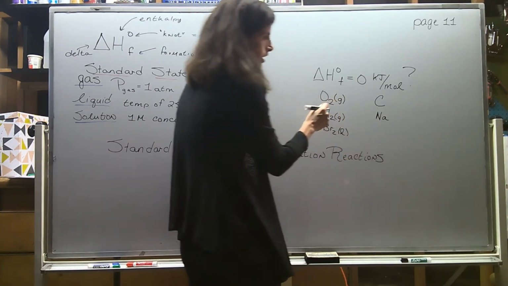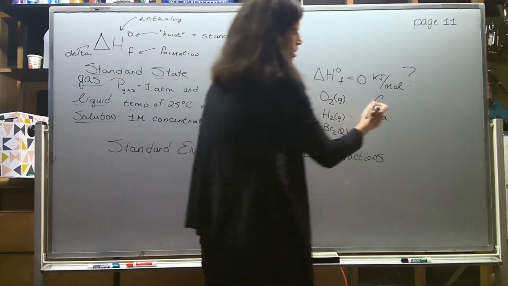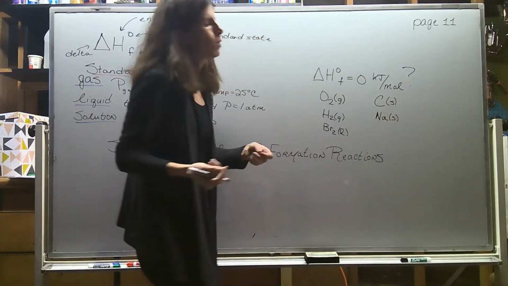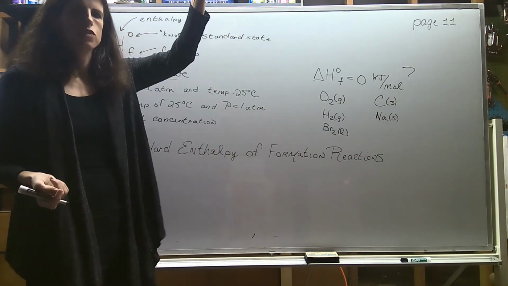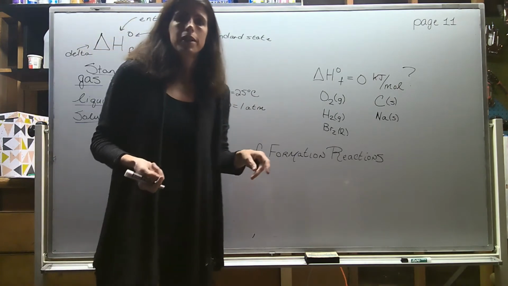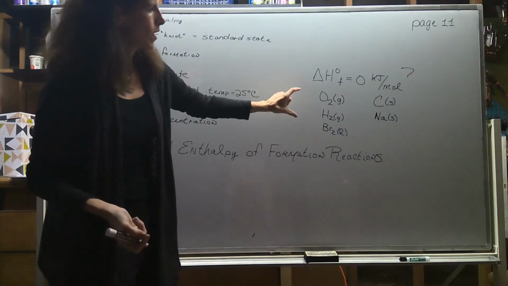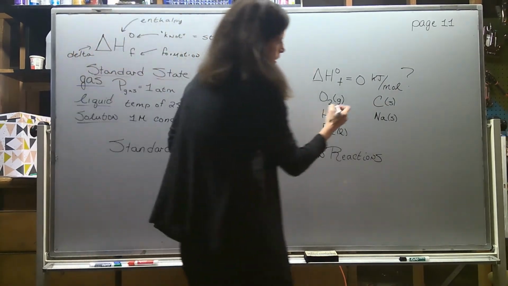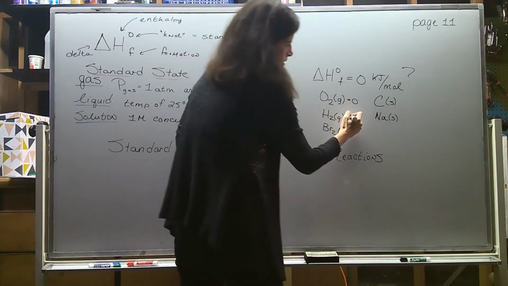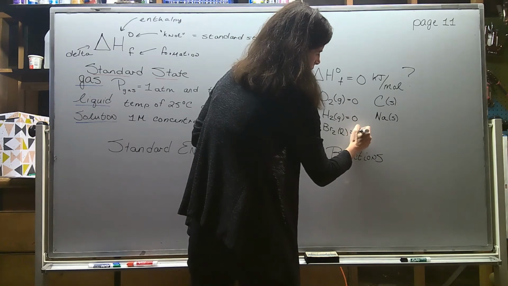Bromine is actually a liquid at room temperature. Solid carbon, solid sodium. So the way we would find it on the periodic table, if I asked you, well, what's hydrogen? You'd say, well, it's a diatomic gas. So in its natural state, those were all given 0 values for the enthalpy to kind of start off the scale.